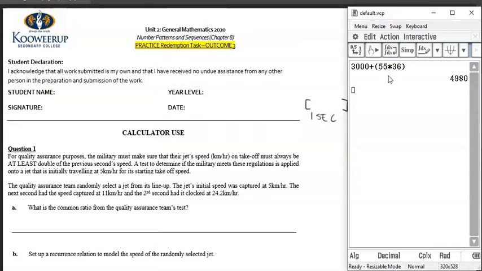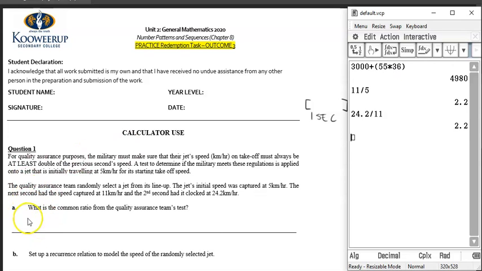Let's put in 11 and divide this by 5. This gives me 2.2. So the common ratio is expected to be 2.2. Let's double check with the next one: 24.2 divided by 11. Again, we get 2.2.